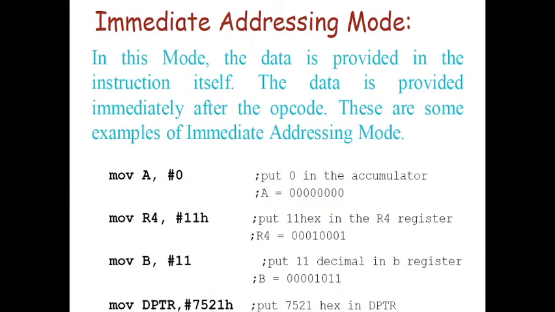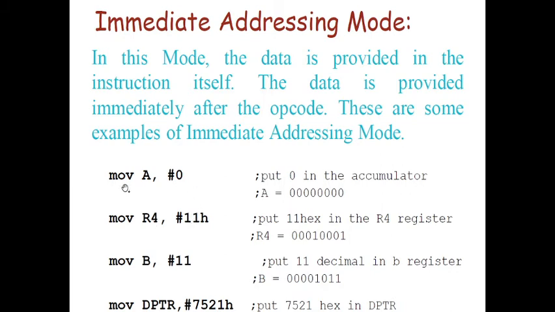But here, whenever you specify the data directly, we have to put the hash symbol. So data is provided in the instruction itself, immediately after the opcode.